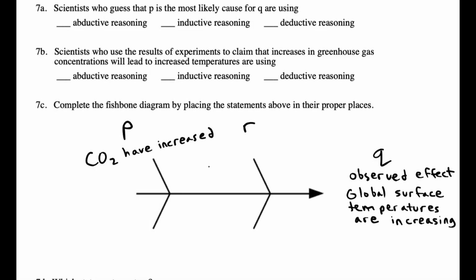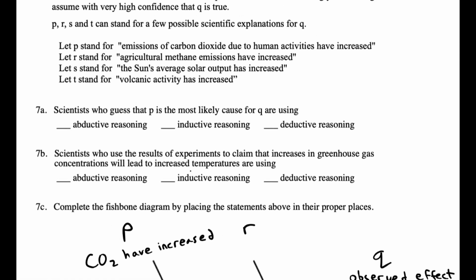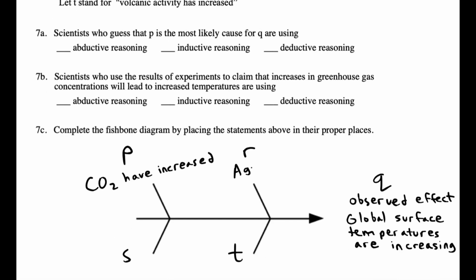We could have other explanations though too, R, S, and T. So R is another proposal that's been made, that perhaps agricultural methane emissions have increased. And that's cows passing gas, apparently. Agricultural methane. It's another greenhouse gas that could contribute to this problem.